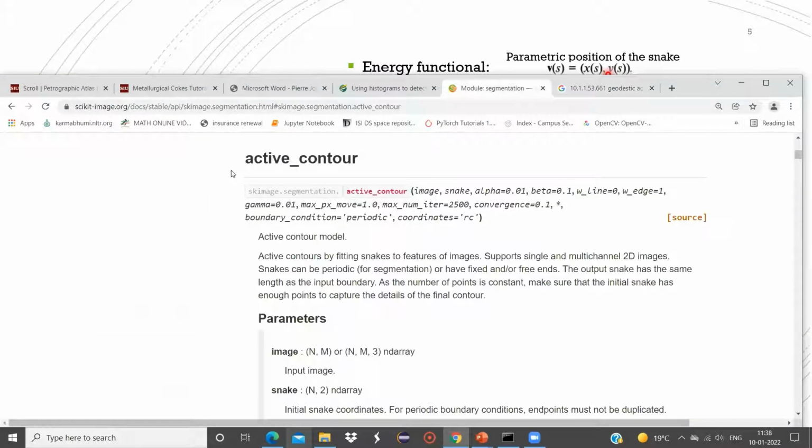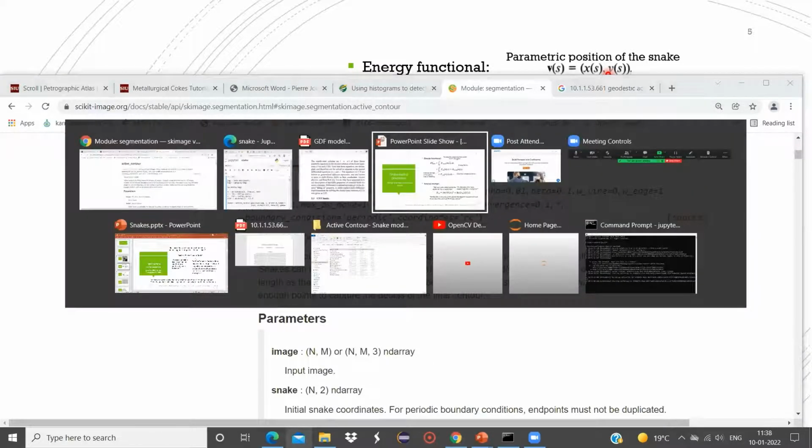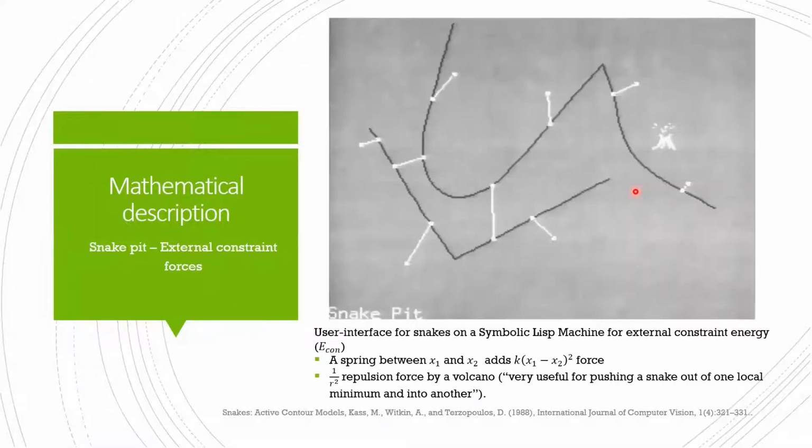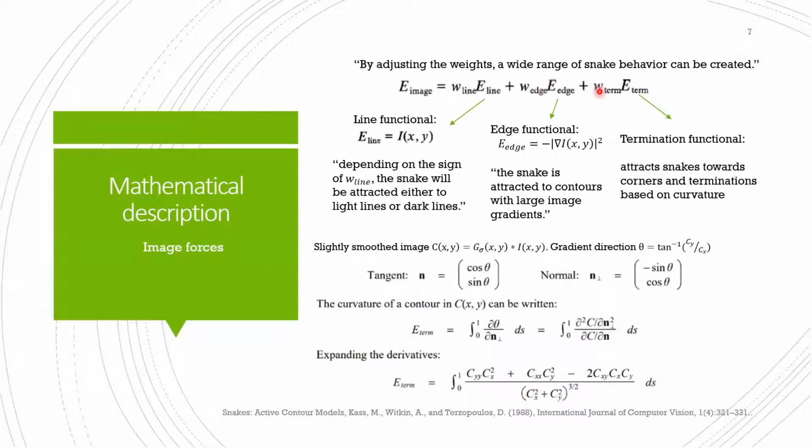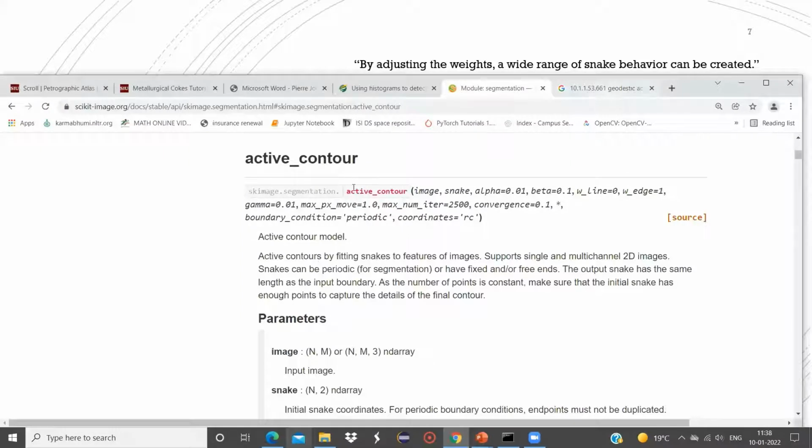Okay, this is the function description. It's there in the documentation of scikit-image. It has alpha, beta, or even this W line, W edge, W term. These we can give as input parameters. And then gamma is probably the learning rate, a gradient descent parameter.